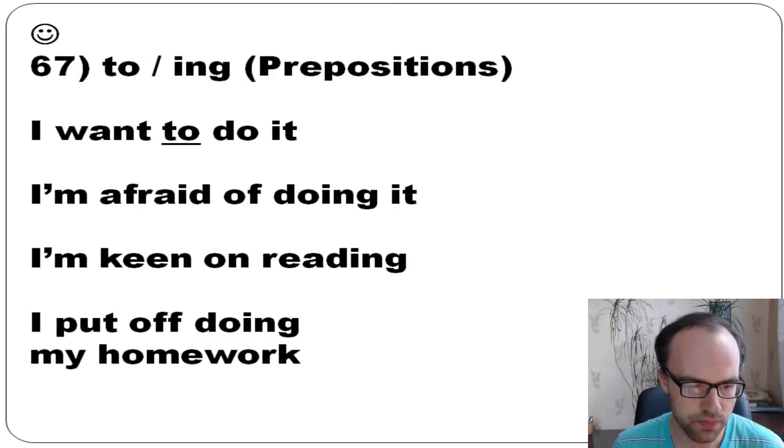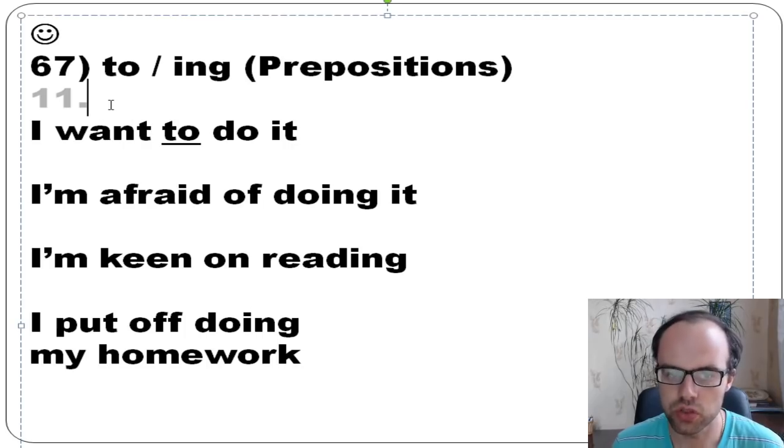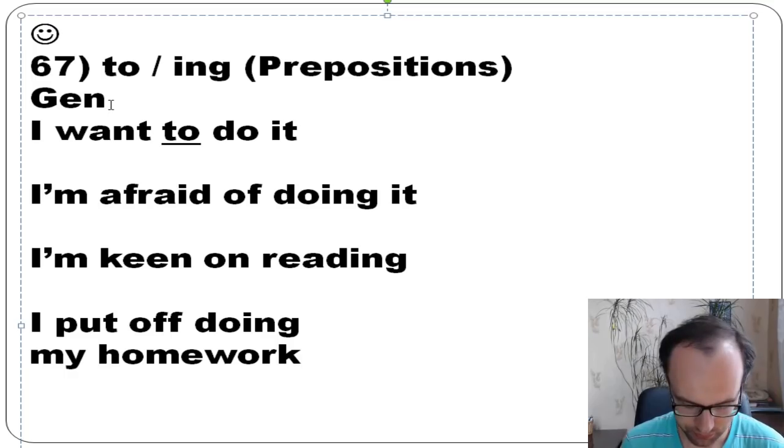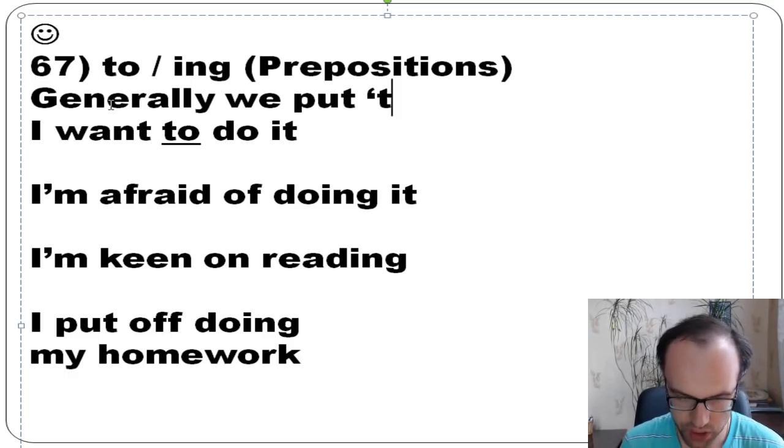Well, so let's talk about one more important thing, English prepositions. When do we use to, and when do we use ing? You know that students often make mistakes here. Well, generally we put to between two verbs.